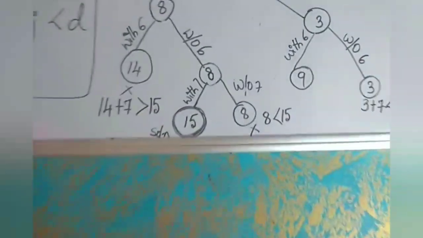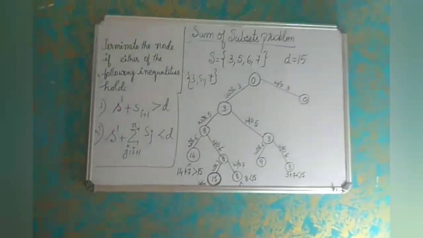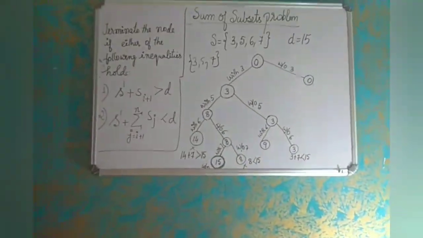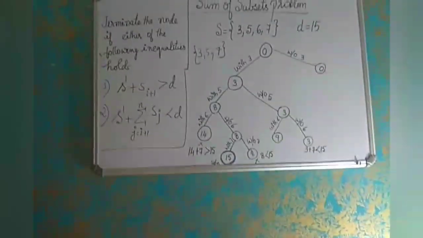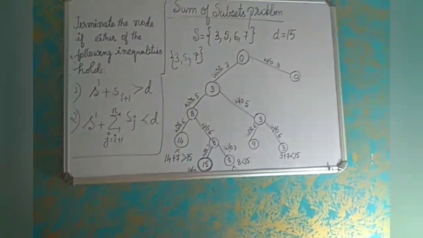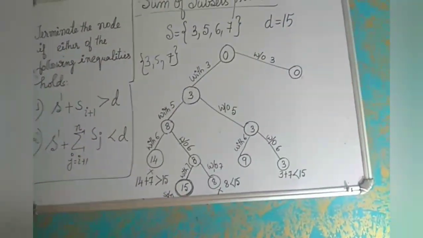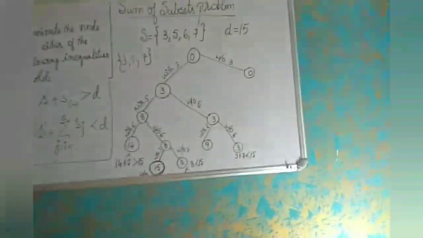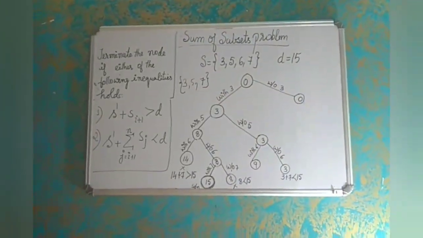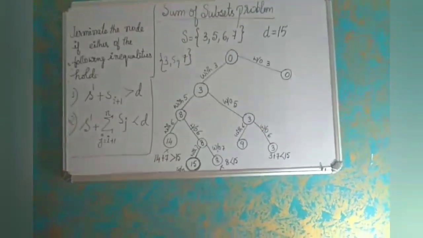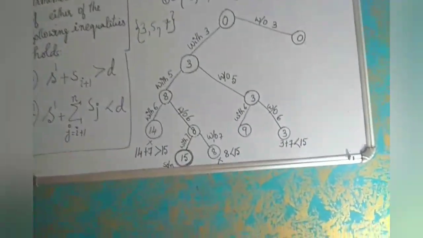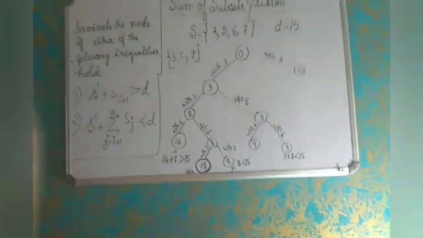The sum we got is 8, which is less than 15. If it is less than that, at that point you have to stop. That is why I have written the cross mark over there. So again, that is also a non-promising dead end. You will not get the solutions because there are no more elements to consider. We have considered all the elements till now, but we got a sum which is less than 15. So that is the dead end.